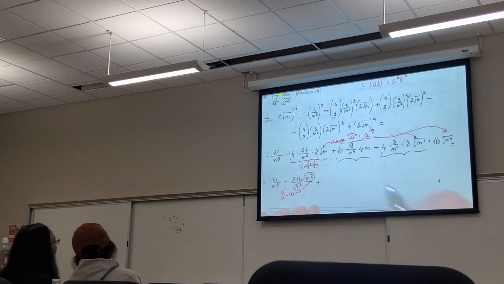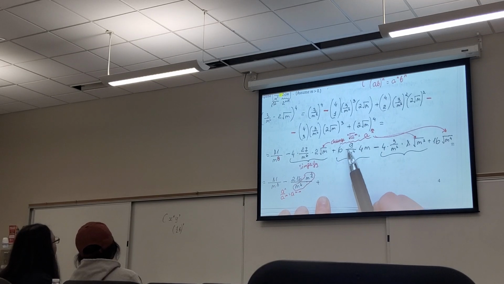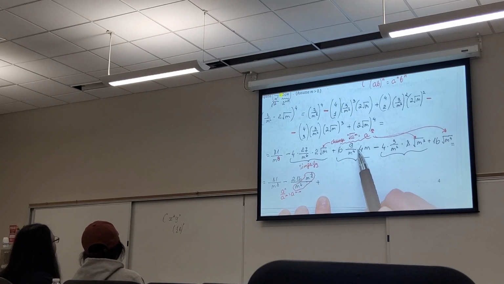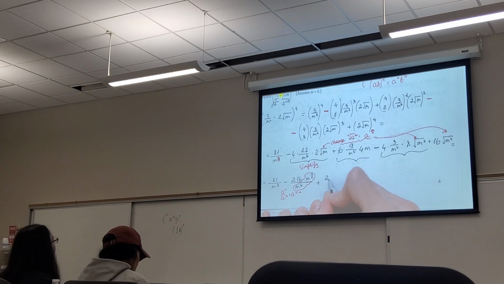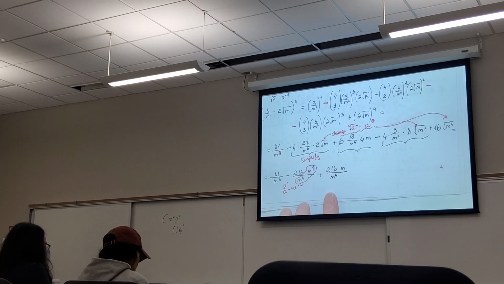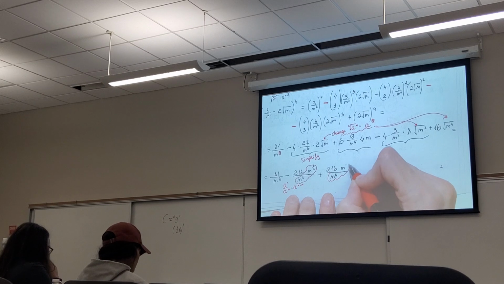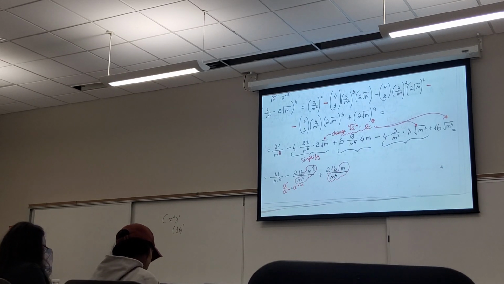Plus 4 times 9, 36, 36 times 6 gives me 216 again. 216, and now look, m to the 4th on the bottom and m to the 1st on the top, and again I will be able to divide my exponents.